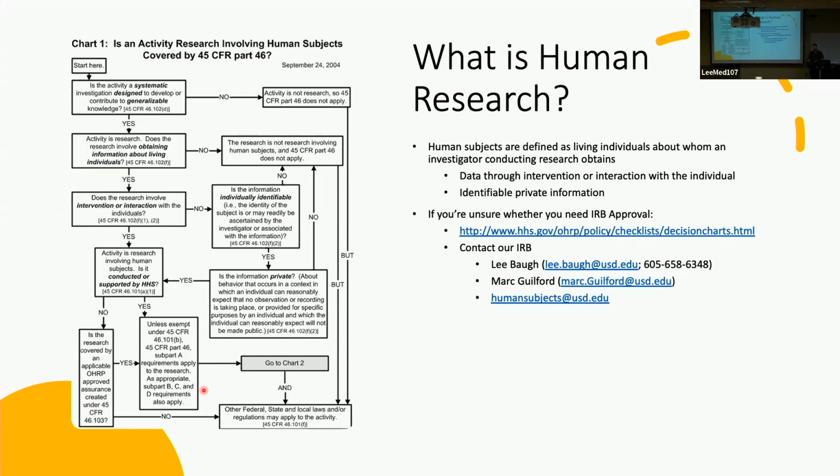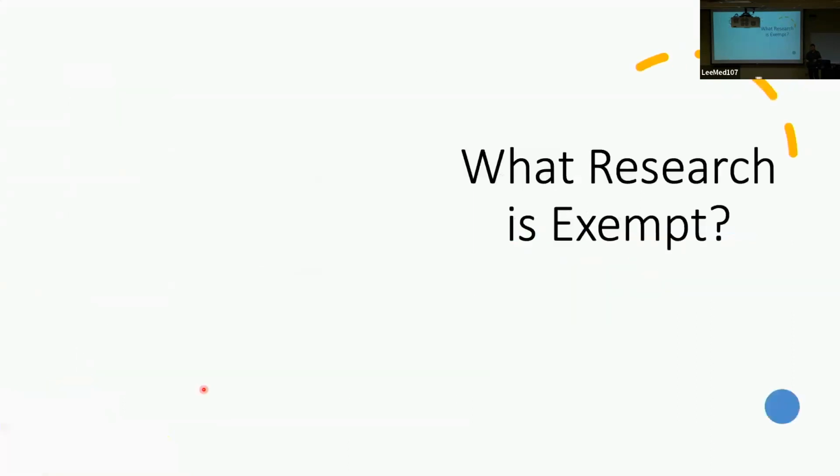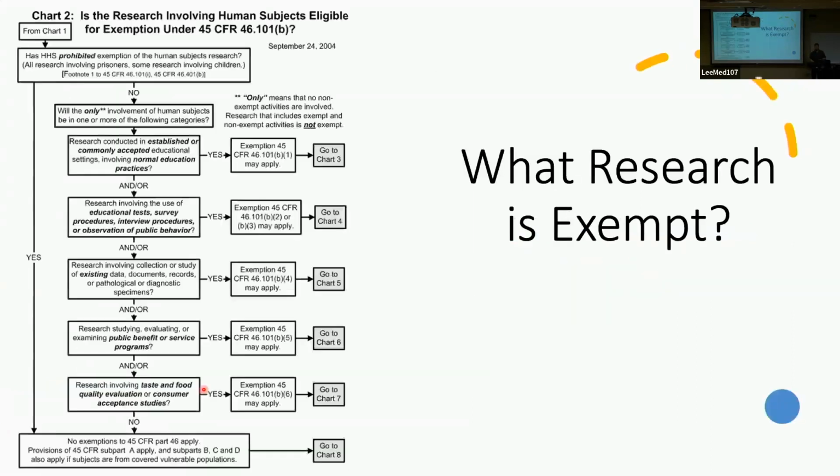Now, once you've determined a project is human subjects research, that doesn't mean that it's going to have to go to full board IRB review. There are classes of research that are known as exempt, and there is another flowchart that can help you identify whether your research is exempt or not. So there are certain classes, and using this chart, we're starting off.